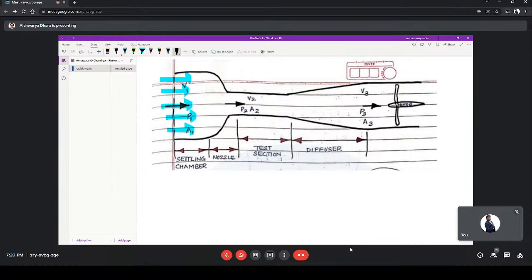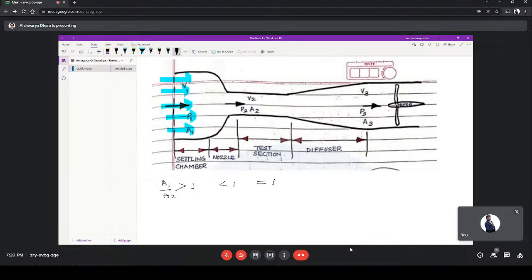One of the questions can be what the different components are and how they are sequentially aligned. Next, if I have a ratio A1 by A2, how can I relate them? Whether they are greater than 1, less than 1 or equal to 1. By seeing the image itself, you can figure it out.